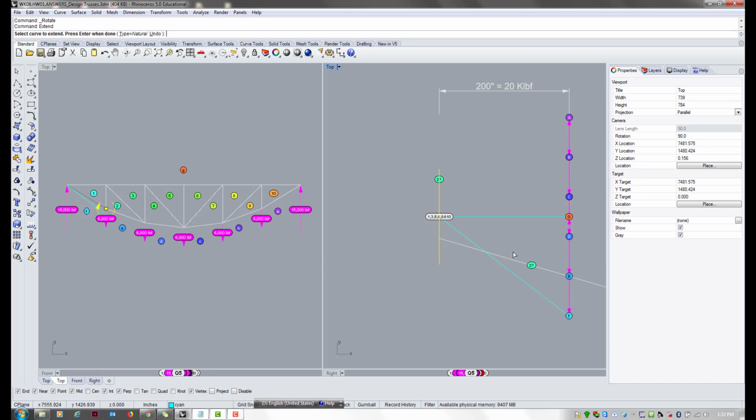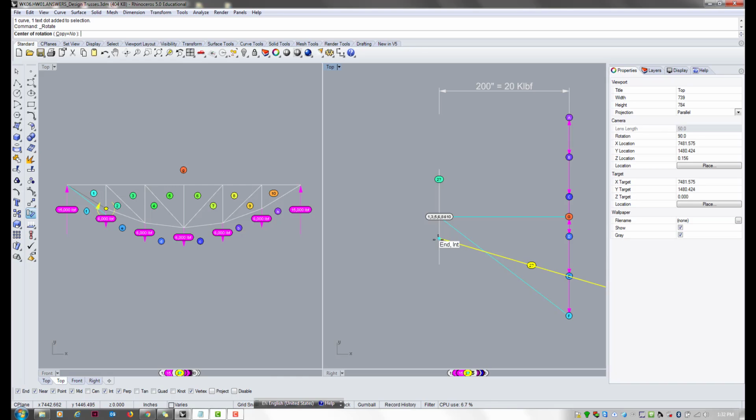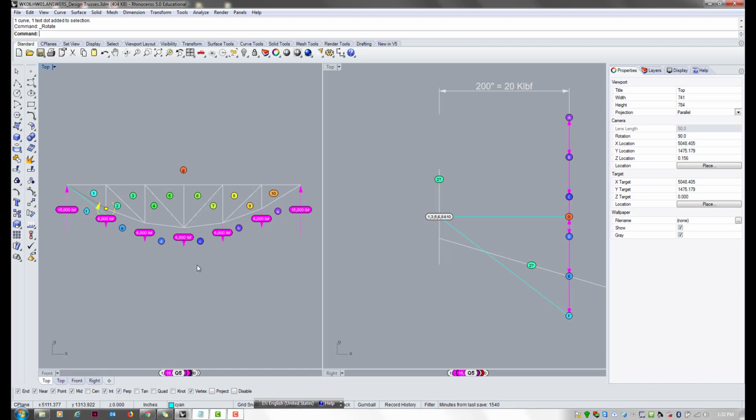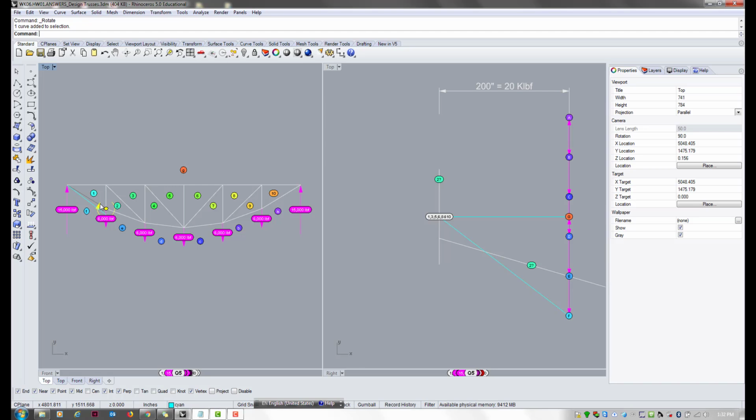But since we haven't identified the angle of this diagonal line, we can't really locate the point 2 yet. EF is already mapped, so we have to move on to the next point.